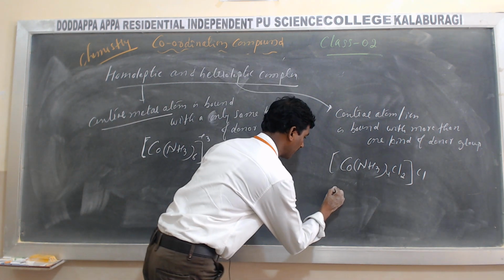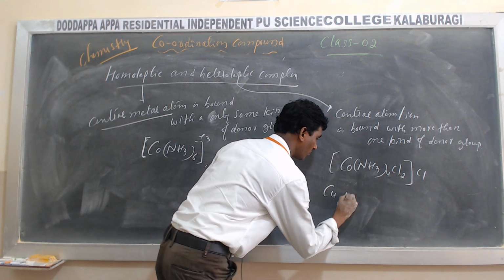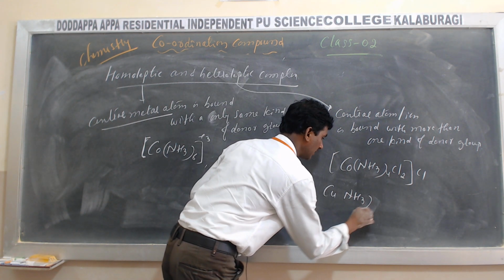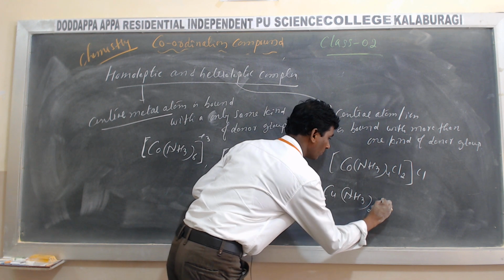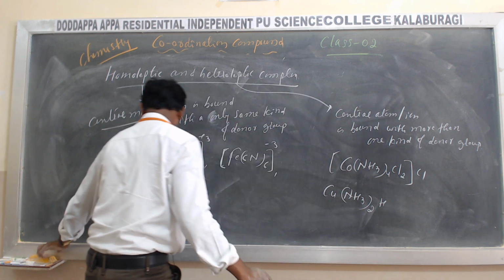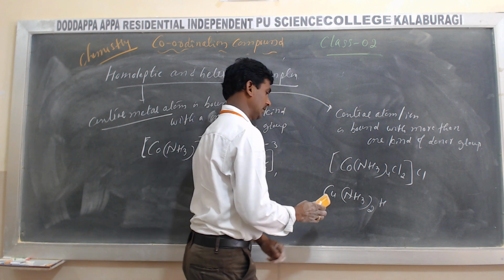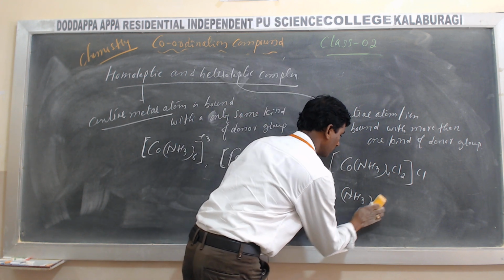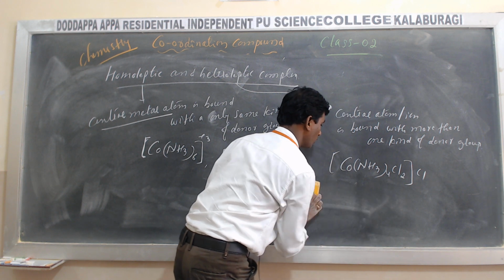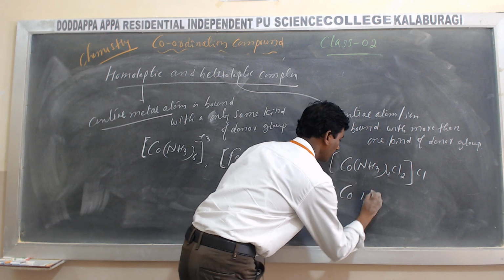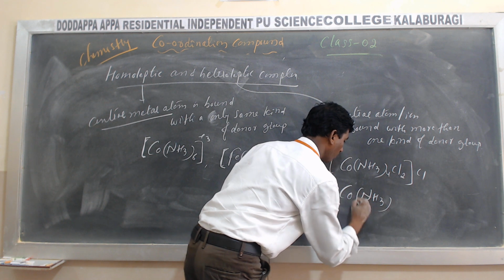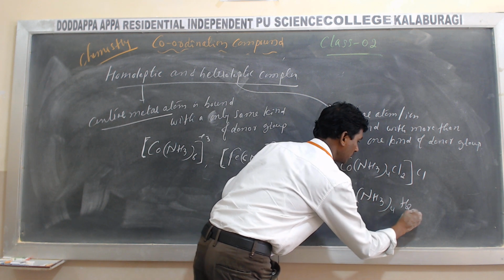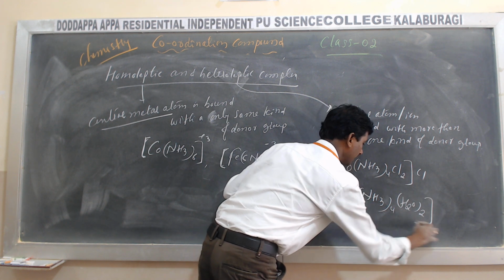One more example: cobalt is the central atom, Co, then NH3 four times, then water, and twice Cl.